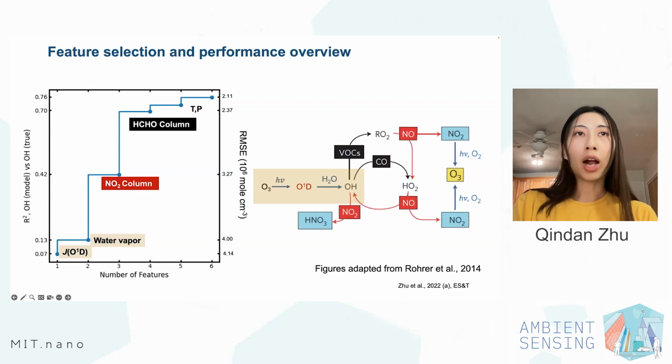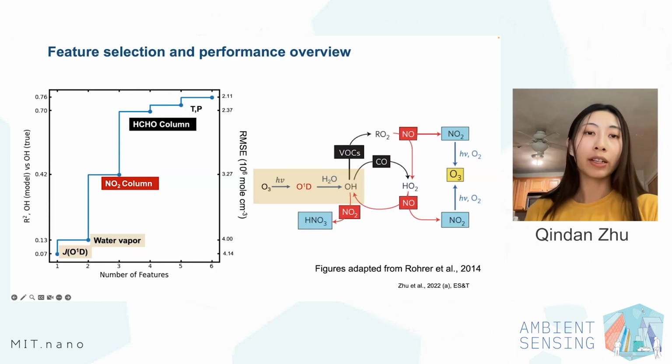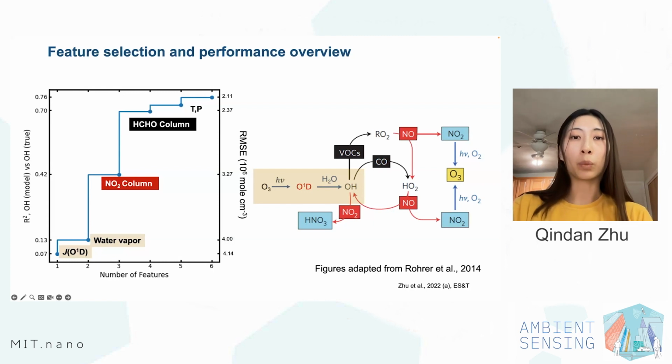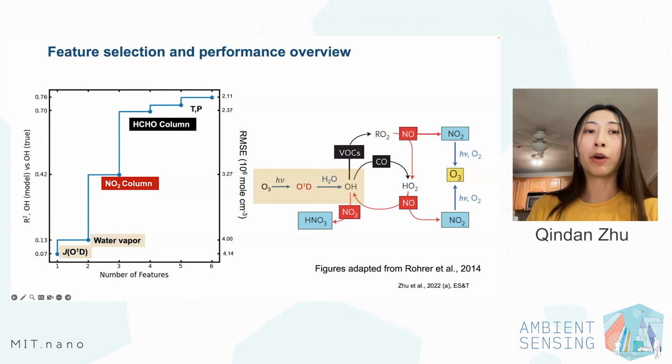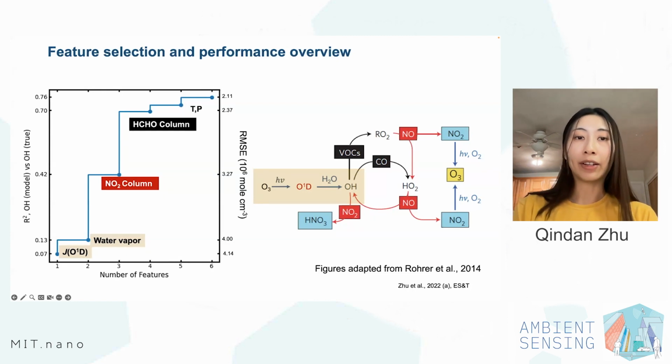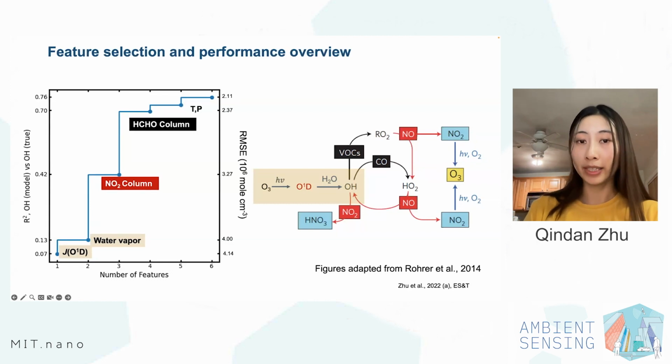We have the NO2 vertical column density, or VCD, as a proxy of NOx, and NOx is involved in the HOx cycle as well as the same pathway of the OH by forming nitric acid. For formaldehyde column density, we have it as a proxy of VOCs that are involved in the HOx cycle as well.